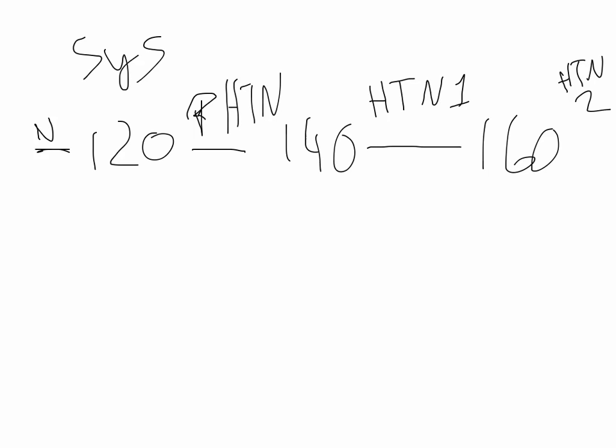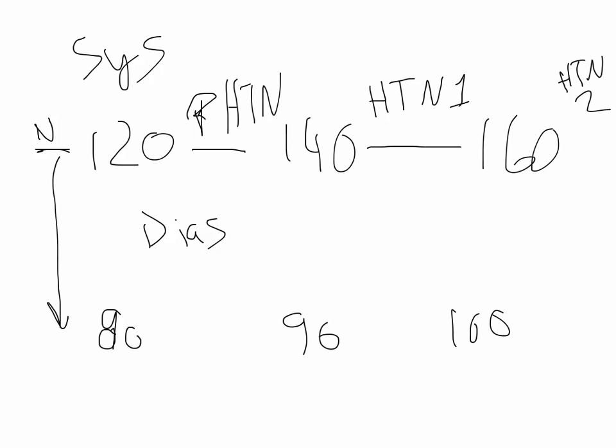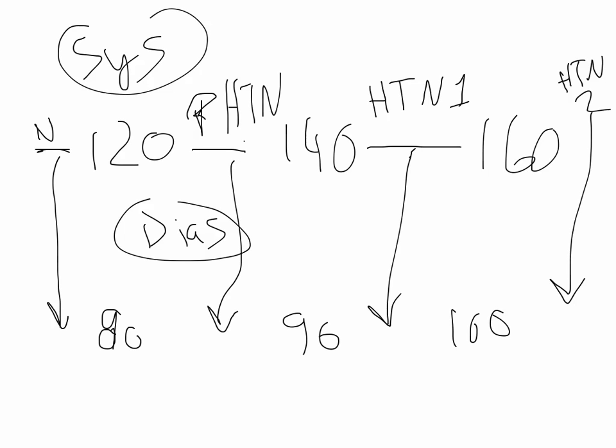Then again with the diastolic, you're going to use the numbers 80, 90, and 100. And basically, same thing: normal, pre-hypertensive, hypertensive, hypertension stage 2. In order to classify something as hypertensive, you don't have to have both systolic and diastolic within the range.